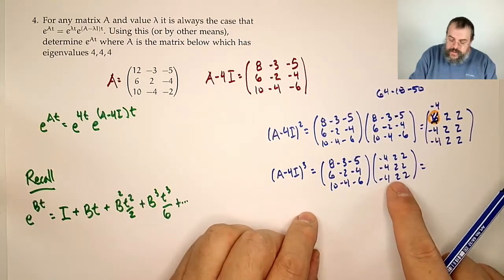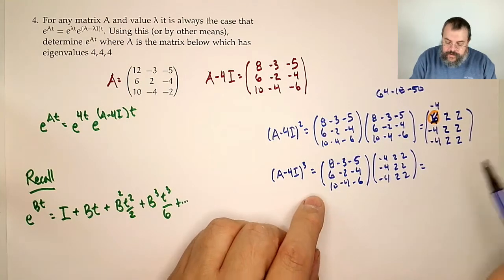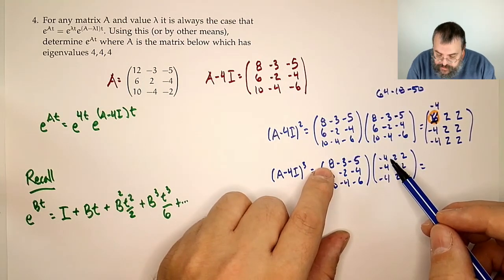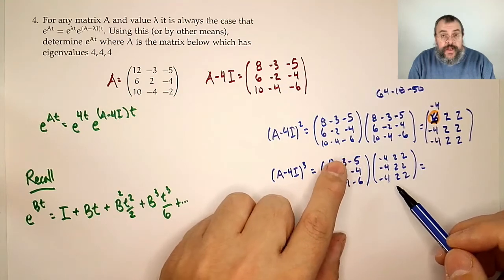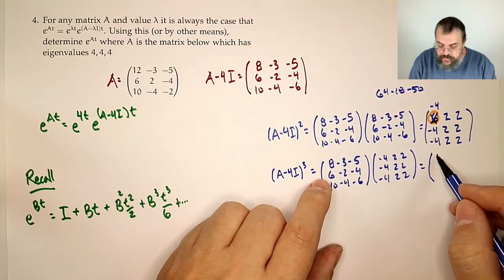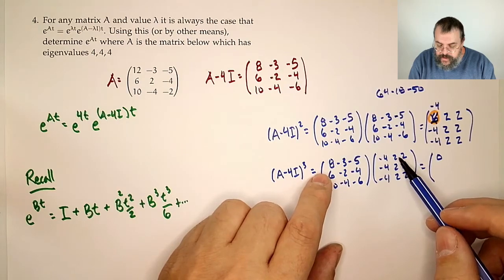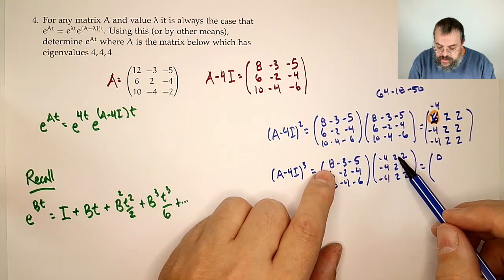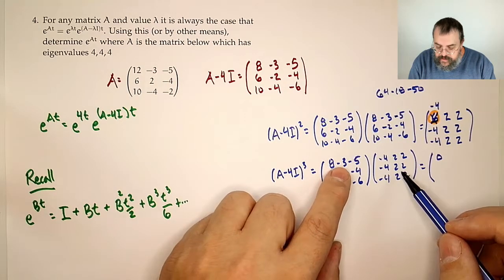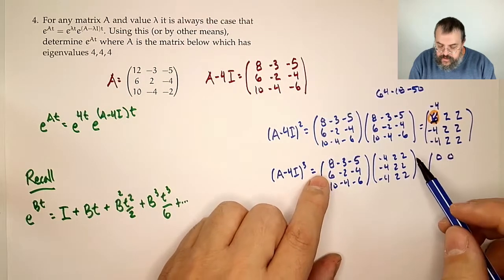Okay, so let's do our a minus 4i cubed. So I'm taking a minus 4i squared multiplied by a minus 4i: minus 32 plus 12 plus 20 gives you 0. And here, 16 minus 6 minus 10, 0.